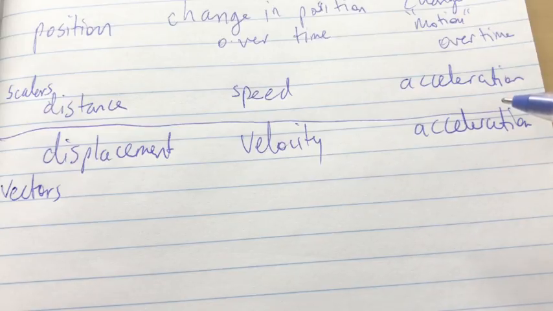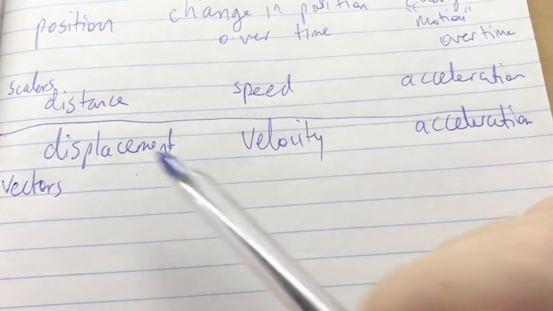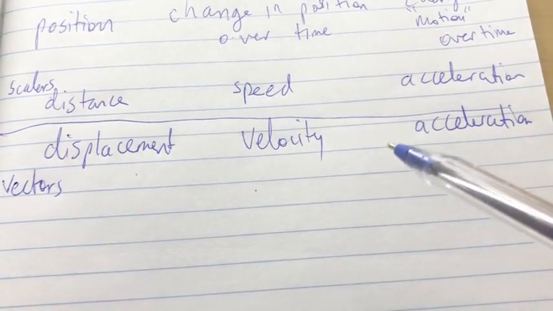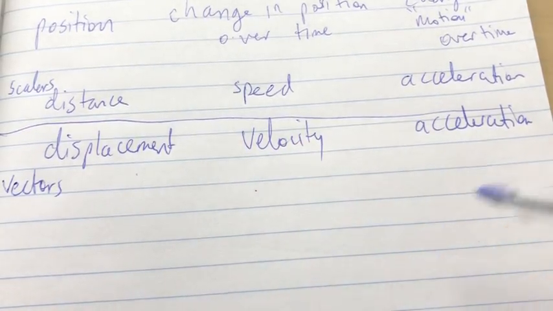So you're changing the direction of your speed, so you're changing your velocity, and so you're also accelerating. Everything you do in the car is accelerating. Another way of thinking of kinematics is that it's the study of these three vectors for a given object: its displacement, its velocity, and its acceleration.